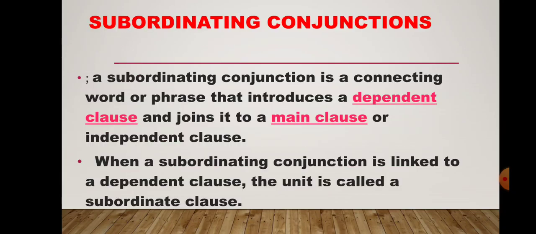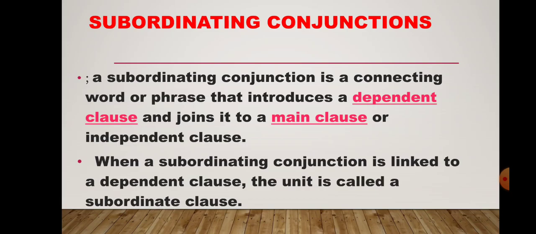Let's see. Subordinating conjunctions. What is a subordinating conjunction? A subordinating conjunction is a connecting word or phrase that introduces a dependent clause and joins it to a main clause or independent clause. So here I want to tell you what is a dependent clause. The part of a sentence that is dependent on the other part is called a dependent clause.